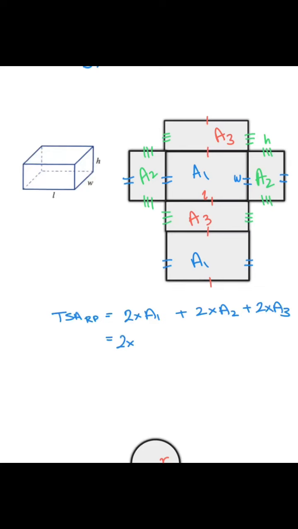Area 1 is length times width. Let's have a look at area 2. Area 2 is width times height. Let's have a look at area 3. Area 3 is going to be length times width. No, sorry, it's going to be length times height.